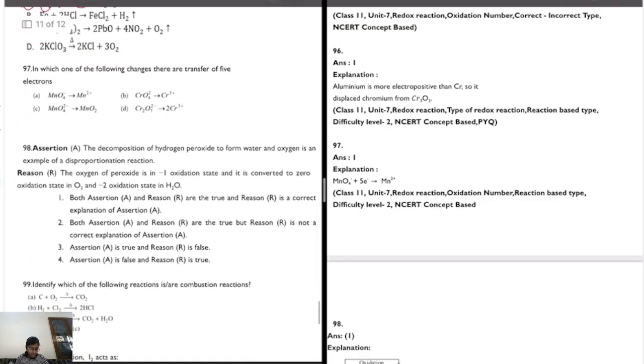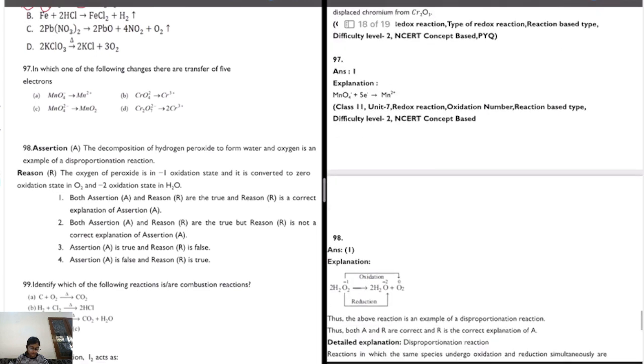In the next question, in which one of the following changes is there a change of 5 electrons? See, MnO4 minus gives Mn plus 2. Now, if we balance it, or even without balancing, we just see the charge.